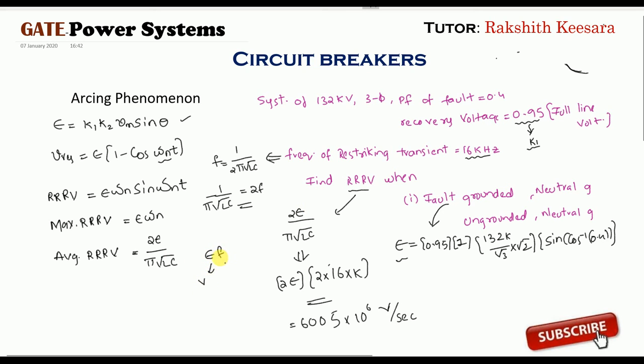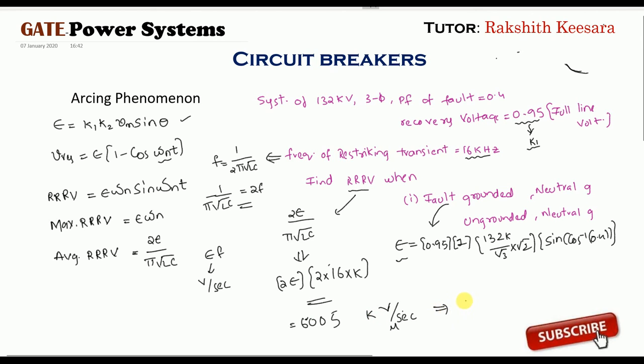Students, if you see the units of this, E into F. E is in volt, F is in Hz. Hz is nothing but 1 by second. The units of average RRRV is voltage per second. But there is a term 10 power 6 here. I am removing this and I am writing microsecond. And I am keeping a point here and I am writing this as kilovolt.